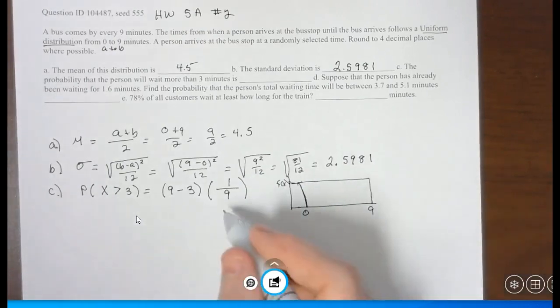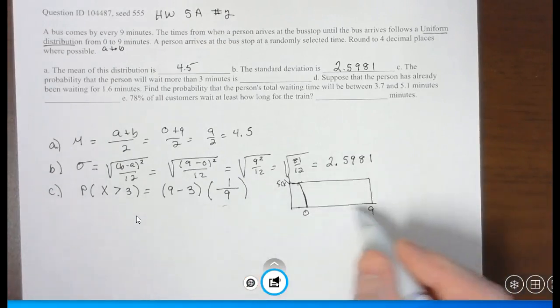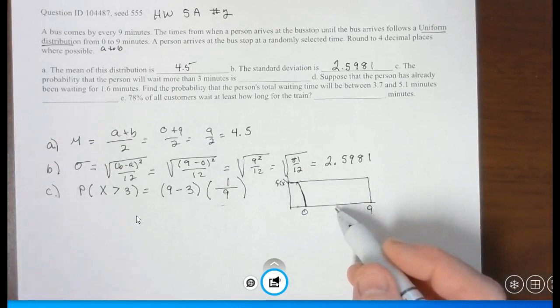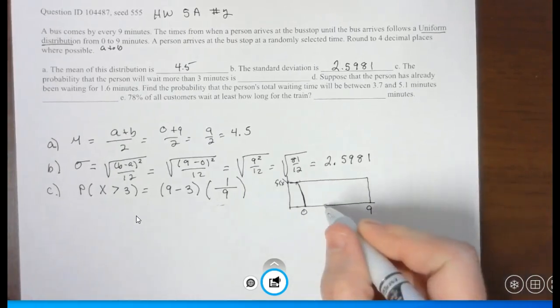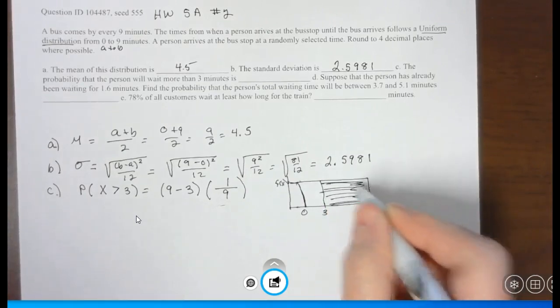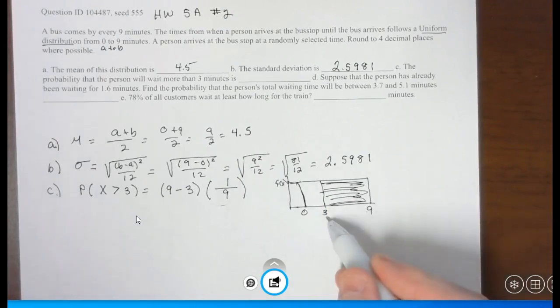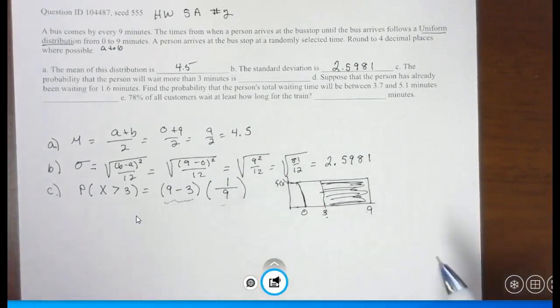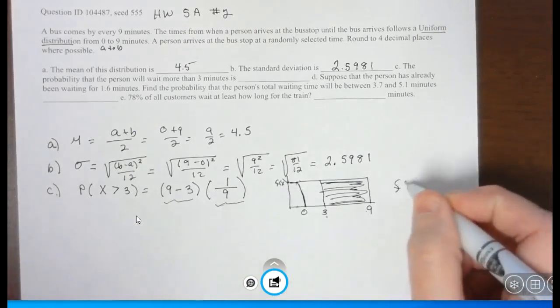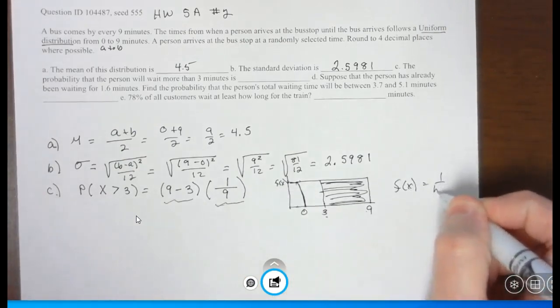That's where that comes from. And then we're looking at the width, because area of a rectangle is base times height. And then 3 would fall somewhere in here, and we wanted to know the area greater than 3. So the width would be 9 minus 3. There's my width, and this is my height. That's our function, f of x equals 1 over b minus a.